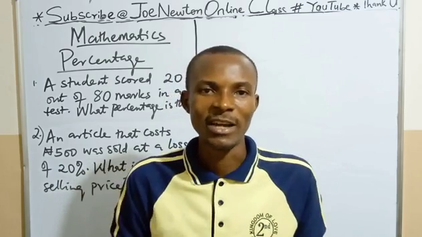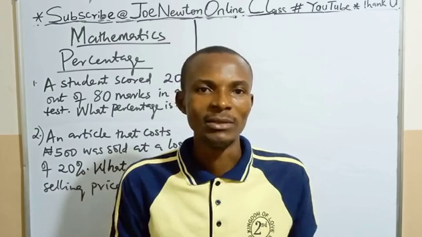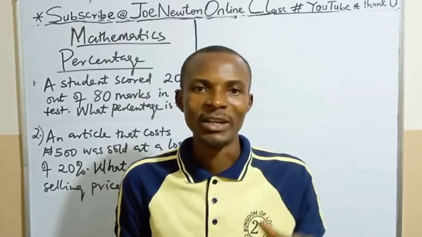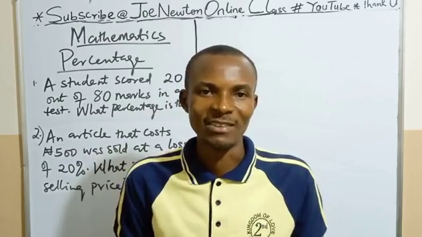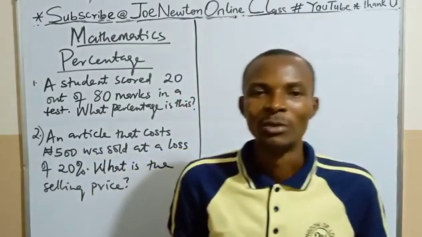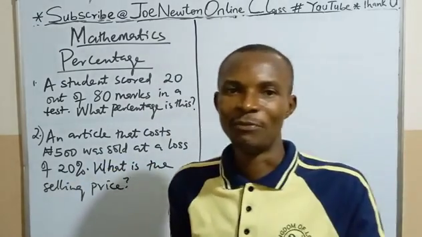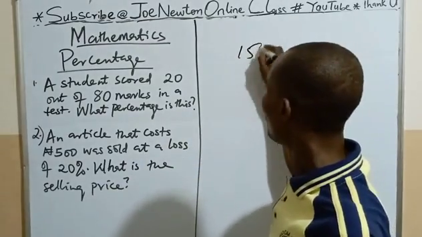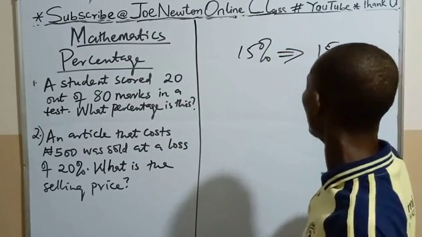Now, when quantities are expressed as a part of 100, they are referred to as percentage expressions. Good. For instance, if you are asked what is 15%, 15% simply means 15 over 100.